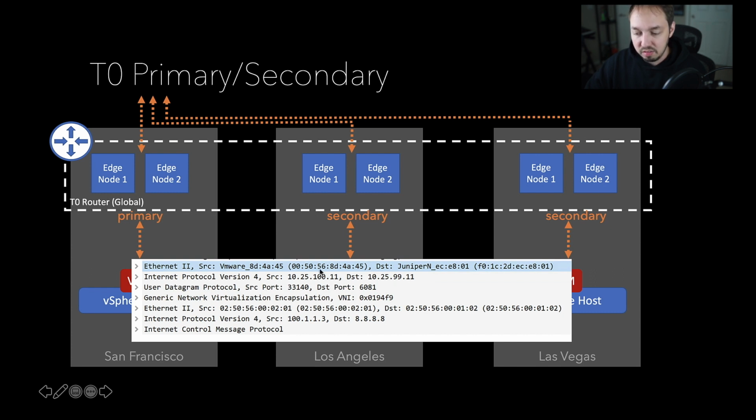So the reason we have 2 IPs here, if you remember from our overlay networking conversation, is that this is that Geneve encapsulation happening right here. Now the encapsulation in this case, 100.11 is the remote tunnel endpoint or RTEP for one of these edge nodes right here, and the destination here, 99.11, is one of these RTEPs. So basically what it's doing is it's encapsulating it here, sending it over here to these edge nodes. They're going to strip off that encapsulation and then route it out to wherever it's going, out to the internet or wherever. So hopefully that makes sense.